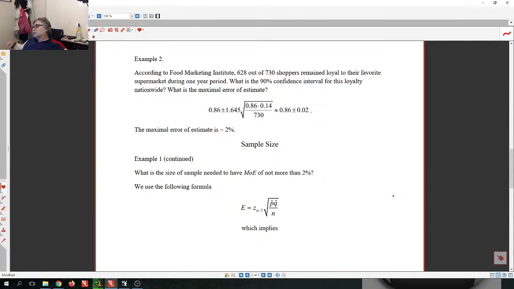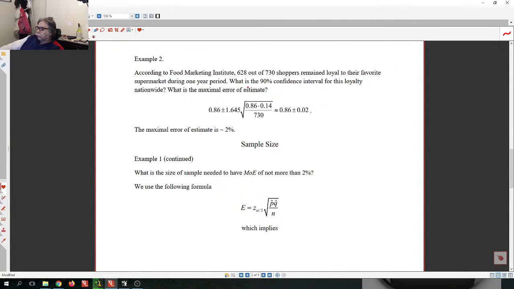You keep on going over and over to the same store unless you find something cheaper or closer, things like that. So they found out that 628 out of 730 of those they polled would be yes, meaning loyal, and there were 102 apparently that switched their loyalty, went to another grocery store during that 1 year period.